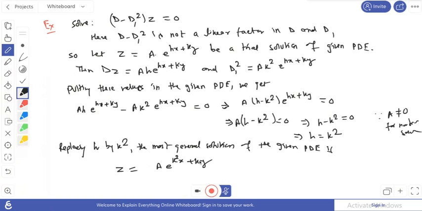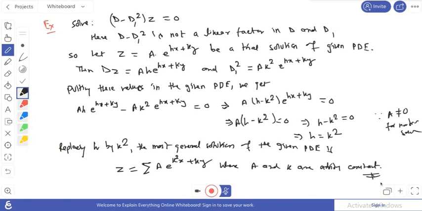Okay, and here k is any arbitrary number, so we write the summation, where a and k are arbitrary constants.